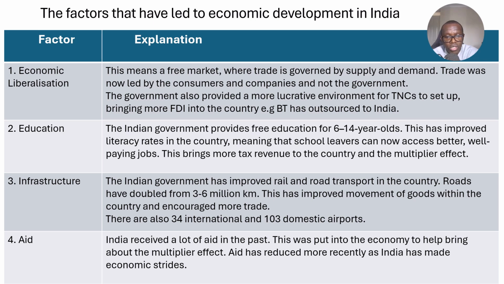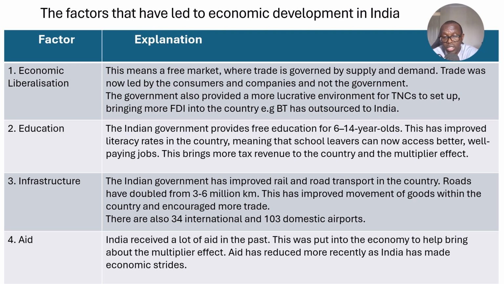Now, the second factor that has led to economic development in India is education. Now, the Indian government provides free education to 6 to 14-year-olds. This has been very important in improving development in the country because it means that literacy rates in the country have improved.